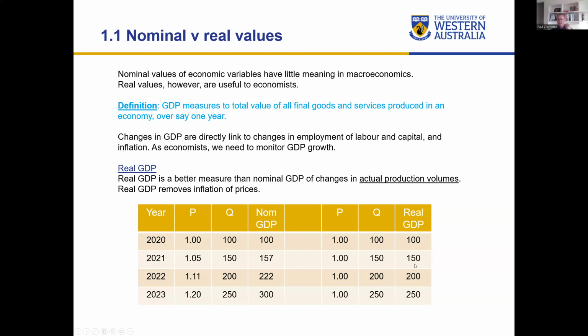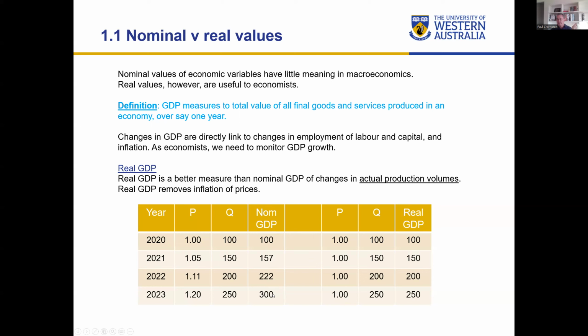So in that sense, real GDP is the most important measure of GDP. Nominal GDP doesn't tell me very much at all. Looking at nominal GDP over this 4-year period, nominal GDP has increased by 3 times, from 100 to 300.